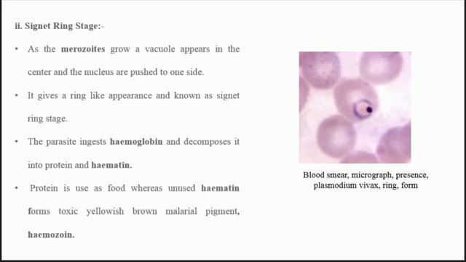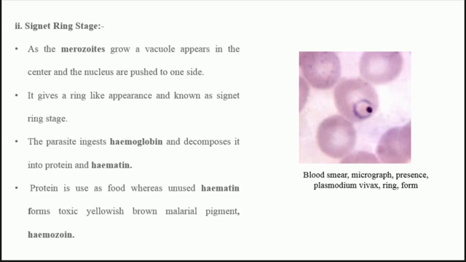The unused part, that is hematine, gets converted into toxic yellowish brown malarial pigment, hemozoin. So hematine is converted into hemozoin. Also during this process a very significant thing happens. That appearance also suggests that the person is suffering from malaria.